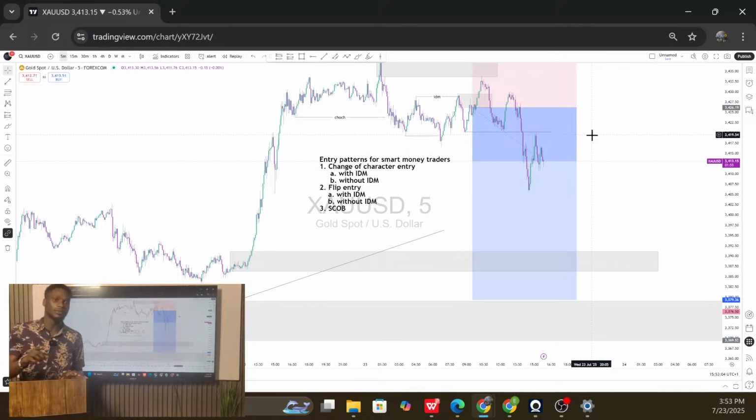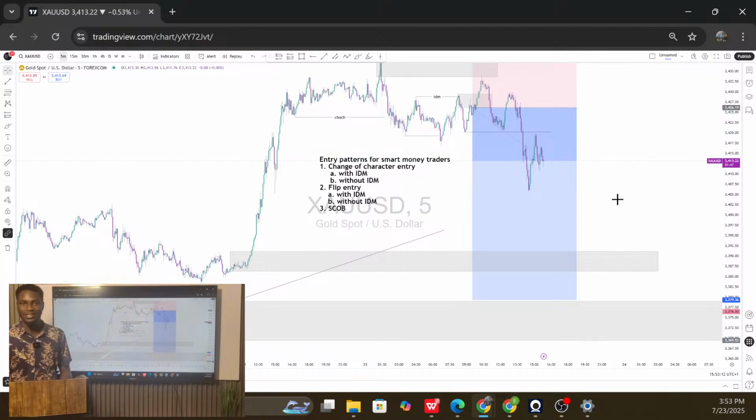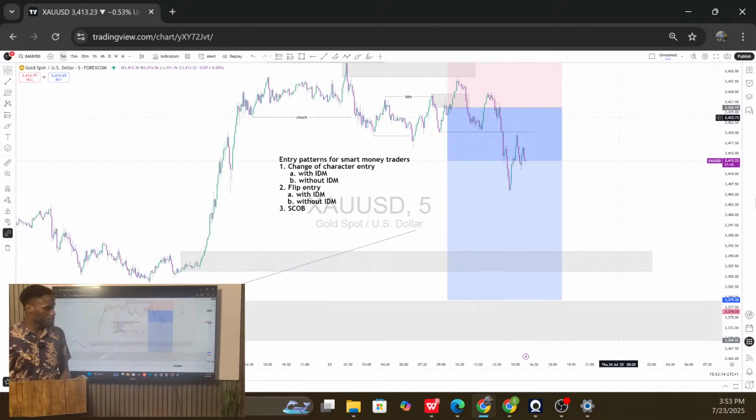It's actually not a bad model. It's just that it helps you take multiple trades in a single setup. I like to stick with just a single position as we go. We're going to continue with this class.